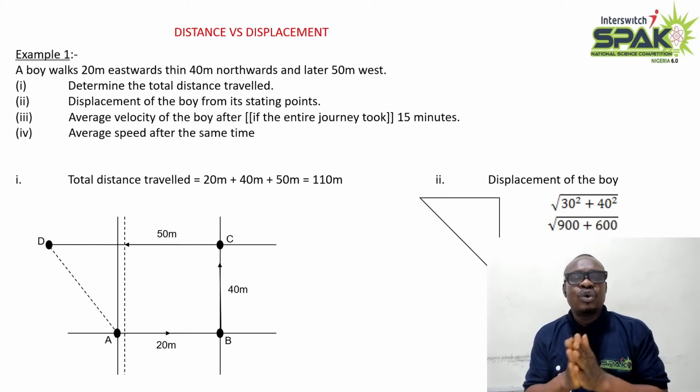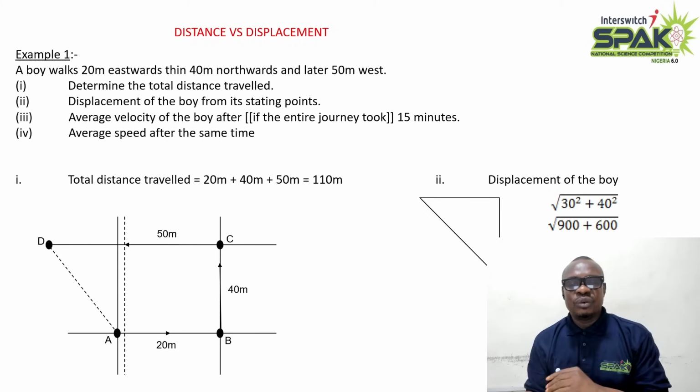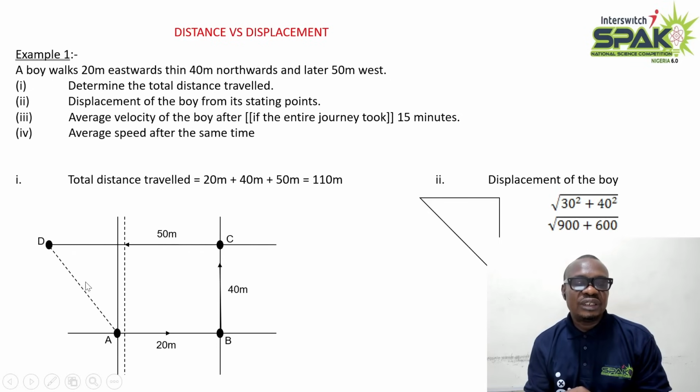So that is my total distance traveled. But when it comes to displacement, as I earlier explained, it is the shortest distance from the starting point to the end point. Identify your starting point, identify your end point. This is the starting point A and this is the end point D. If I draw this line straight down here, I am going to have a right angle triangle.